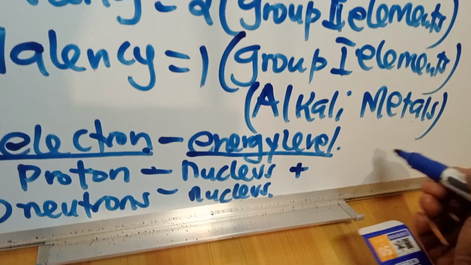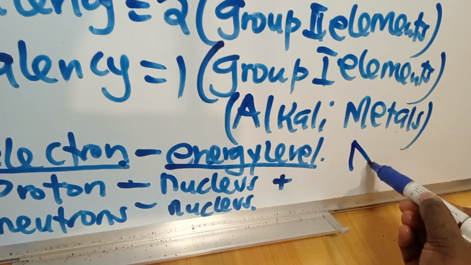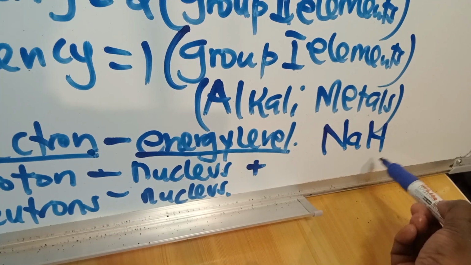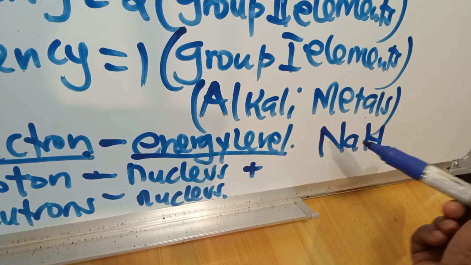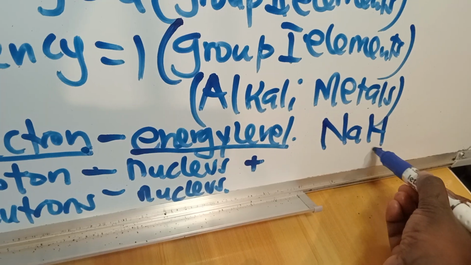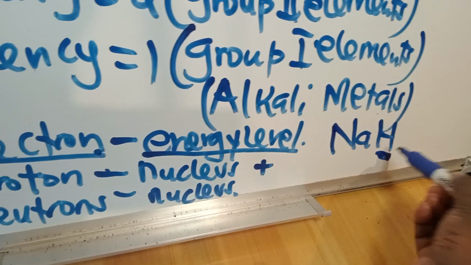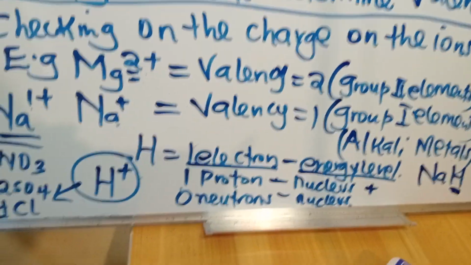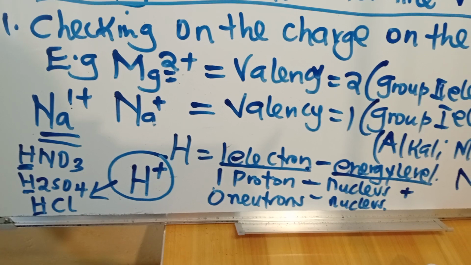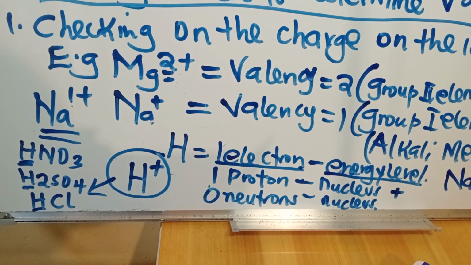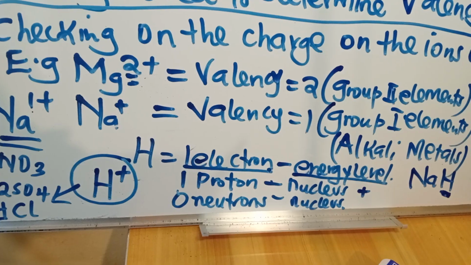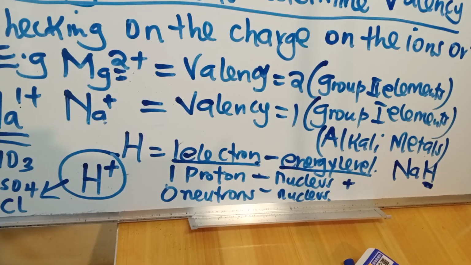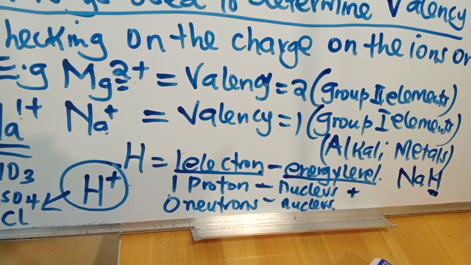For example, in the formula like this one, sodium hydride, you see hydrogen is written on the right hand side. So when it behaves like a group 1, in the formulas of different compounds, it will be written on the left hand side. If it behaves like a halogen, it will now be considered like a nonmetal, and it will be written on the right hand side of the formula.